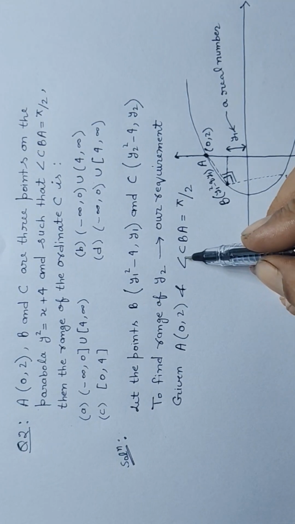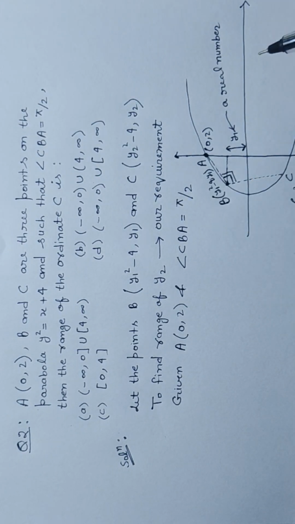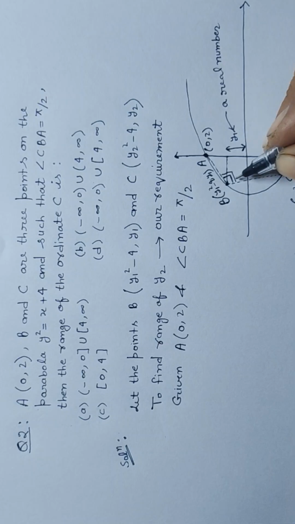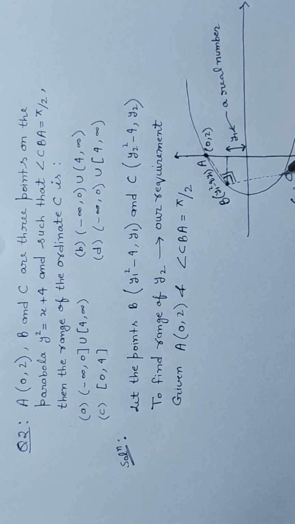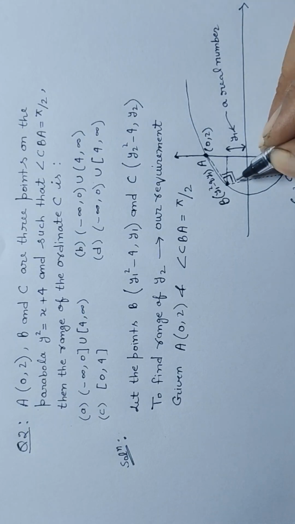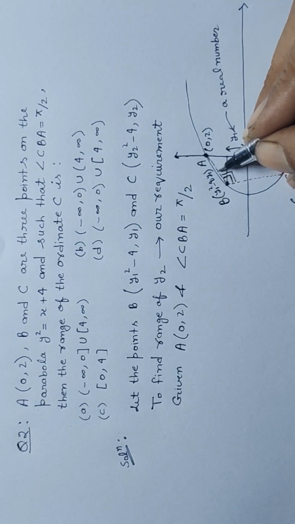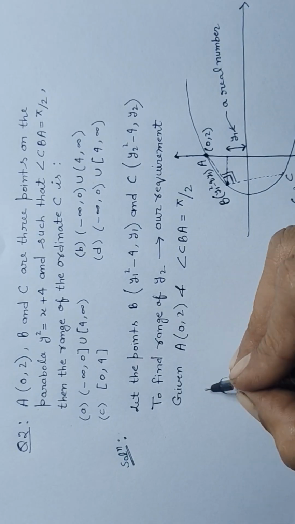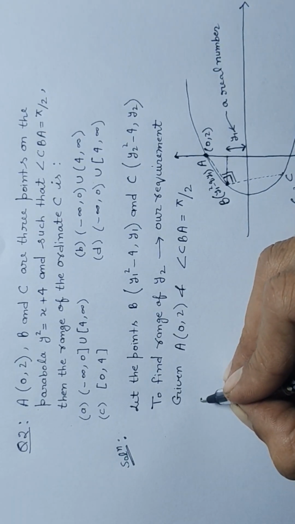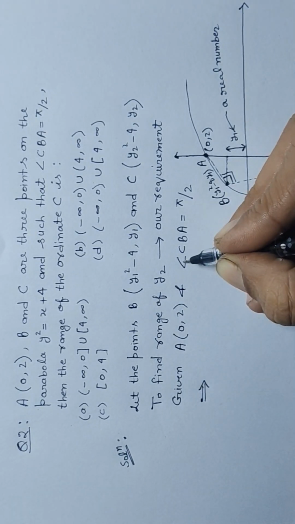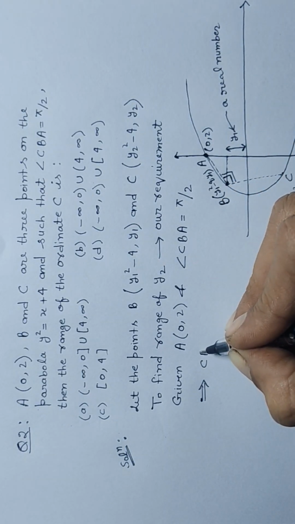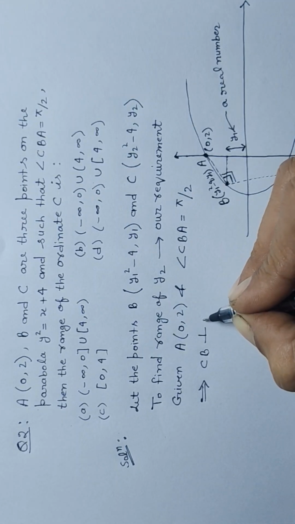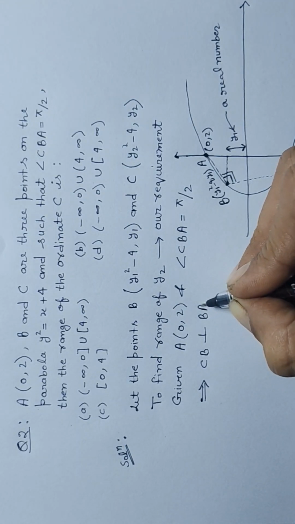So here, given angle CBA equal to pi by 2, therefore CB is perpendicular to BA. That means CB is perpendicular to BA.